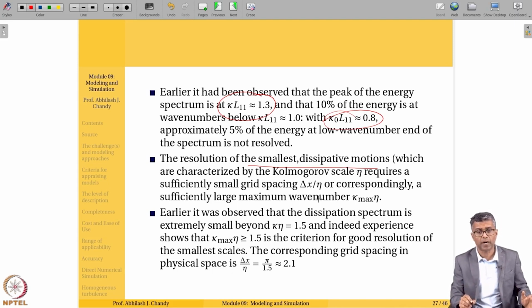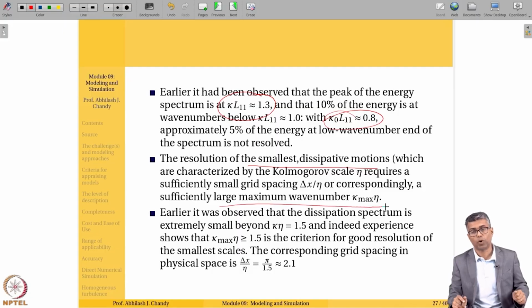So delta X over eta, or correspondingly, what is the maximum wave number that you should be using? So delta X over eta would be the equivalent of kappa max eta, a sufficiently large maximum wave number.